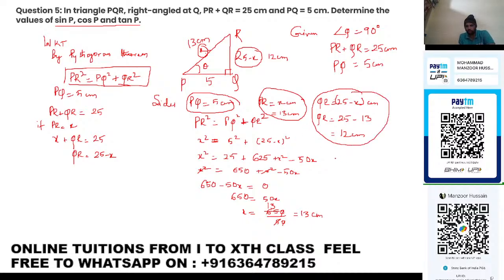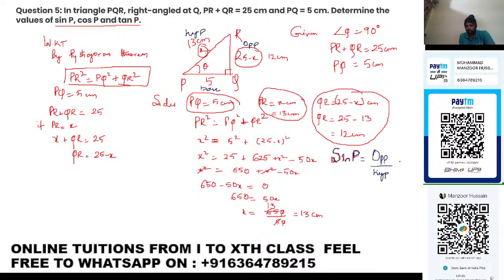Therefore, now I am supposed to find sine P. So I will change the color to blue and write sine P is equal to, what do we mean by sine P as a ratio? Opposite by hypotenuse. For sine P, opposite is this side, base is this side, and hypotenuse is this side.